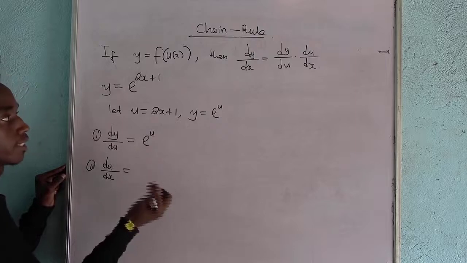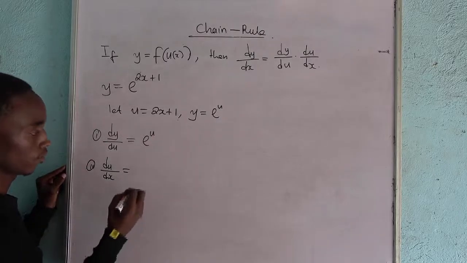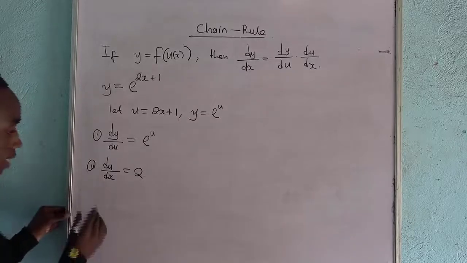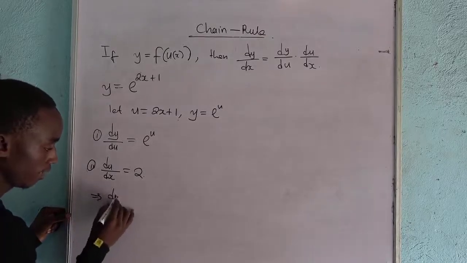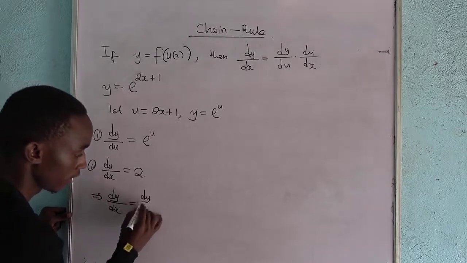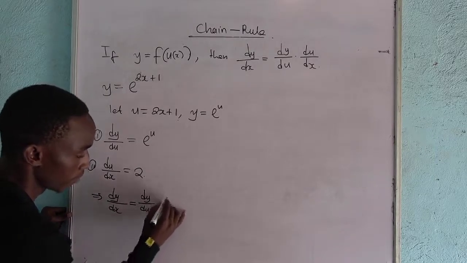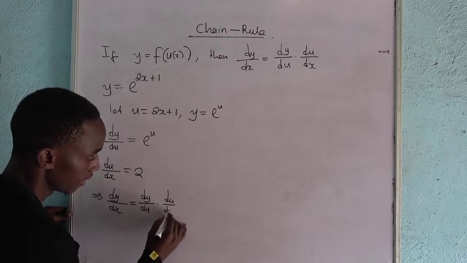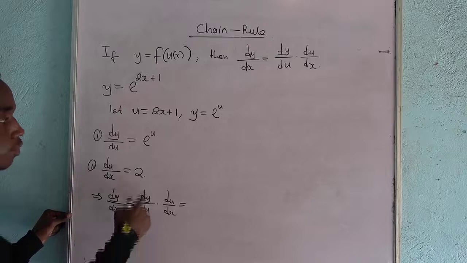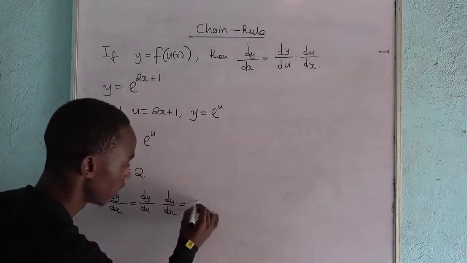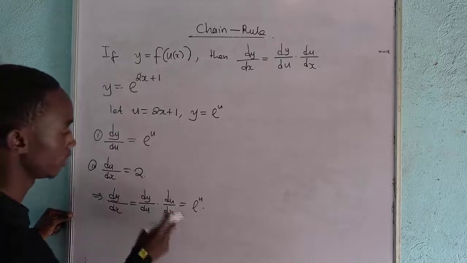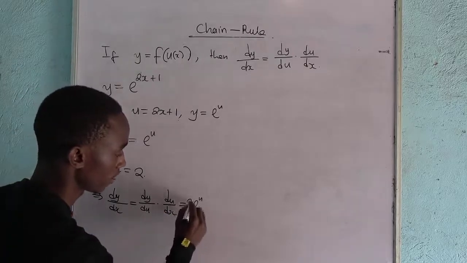Solving for du/dx, you see u and the x, of which we end up having just a constant 2 there. Then this implies that dy/dx, which is given by dy/du multiplied by du/dx, is e to the power of u multiplied by du/dx, which is just a constant 2.